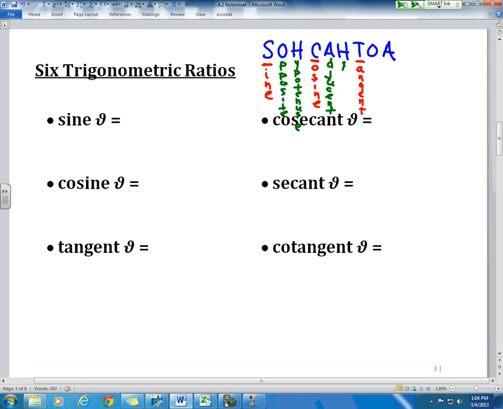H again is hypotenuse. I'll just abbreviate it HYP. O is opposite again, and adjacent is ADJ again. So sine is the opposite side over the hypotenuse, cosine is the adjacent side over the hypotenuse, and tangent is the opposite side over the adjacent side.